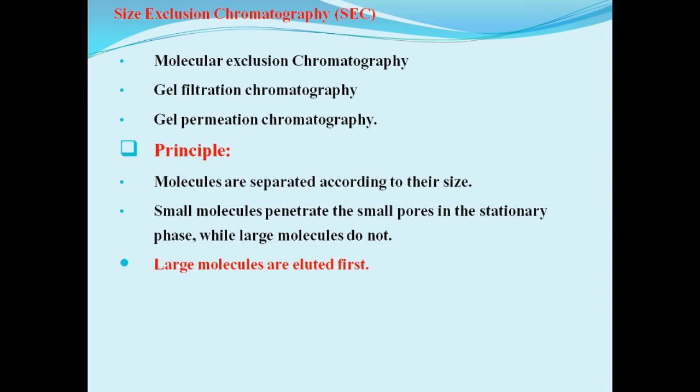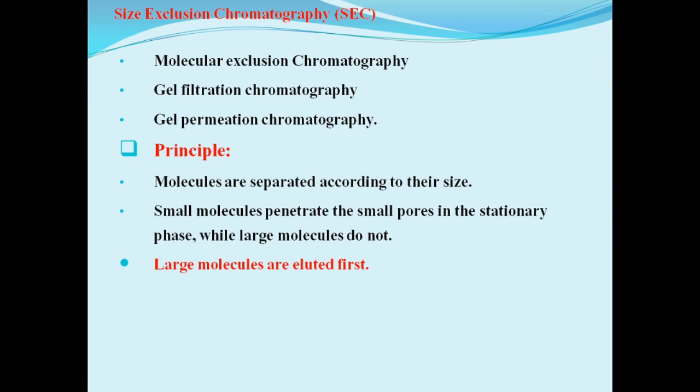The other advantage of this experimental method is that in certain cases it is feasible to determine the approximate molecular weight of a compound. The shape and size of the compound eluent determine how the compound interacts with the gel, that is the stationary phase.